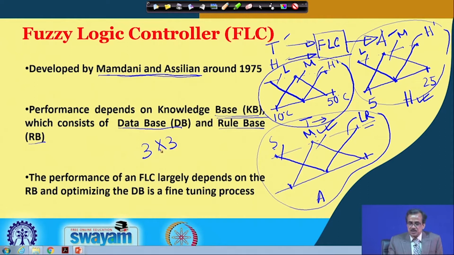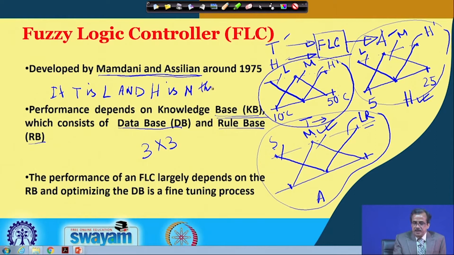Now, out of those 9, if I just write only one, supposing that the rule could be something like this. So, if your temperature is low and the humidity, that is H, is medium, then the angle of valve opening, that is denoted by A, is nothing but small. So, this is one rule, and similarly as I told, there could be 3 multiplied by 3, so there could be a maximum of 9 rules.